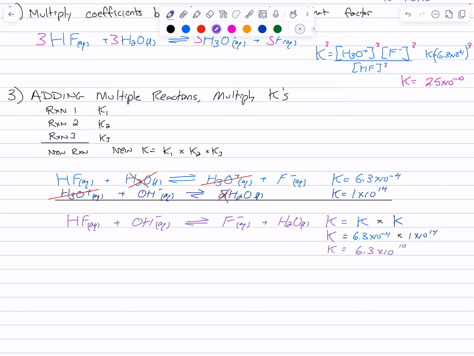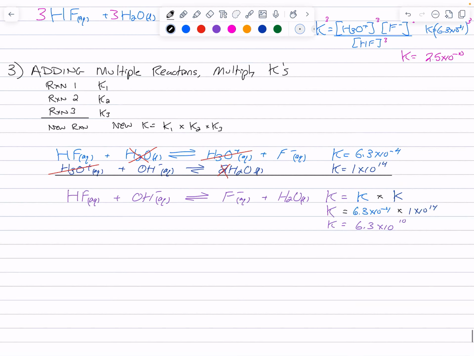Now, we know equilibrium can be expressed in terms of concentration, and that would be molarity, or pressure, and that would be atmospheres.